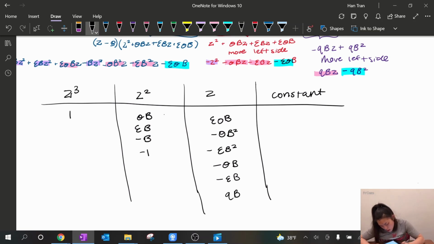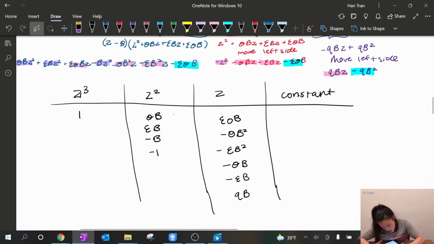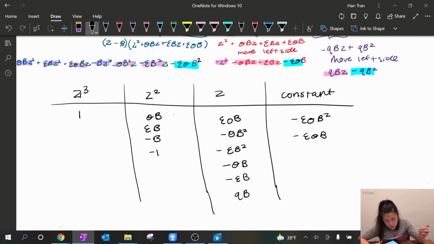And for our constants we have negative epsilon sigma beta squared, negative epsilon sigma beta, and then negative q beta squared.